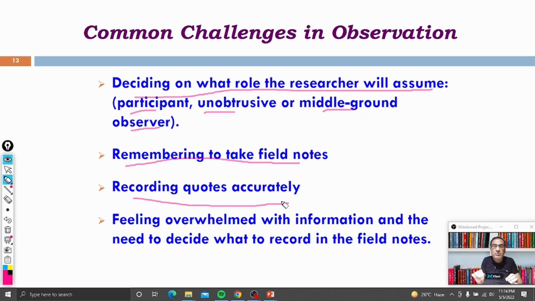Code accurately means you have to record everything that is going to happen and what your participants say. So, feeling overwhelmed with information and the need to decide what to record in the field notes, you will keep everything in your record while taking ethnographic notes.